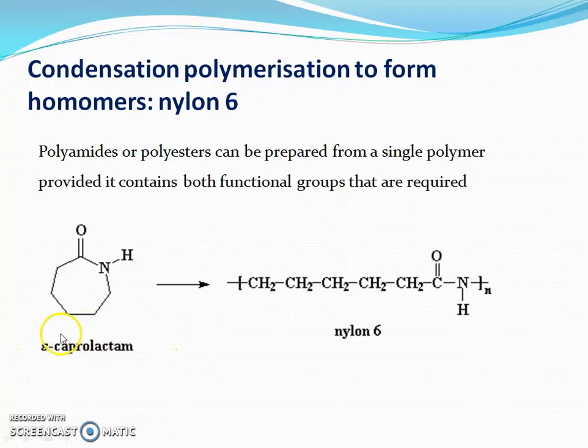Here the caprolactam will produce the nylon 6. And why is it nylon 6? Because 6 carbons are present in the repeat unit. That is why it is nylon 6. And the caprolactam has two functionalities which are suitable for undergoing the condensation, and so a homopolymer is resulted.